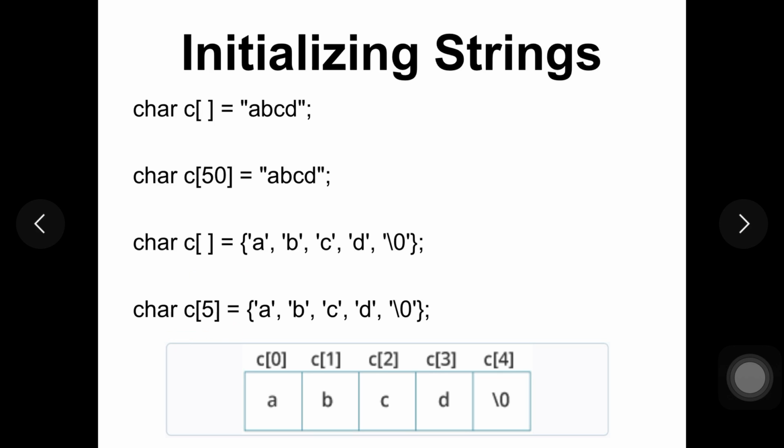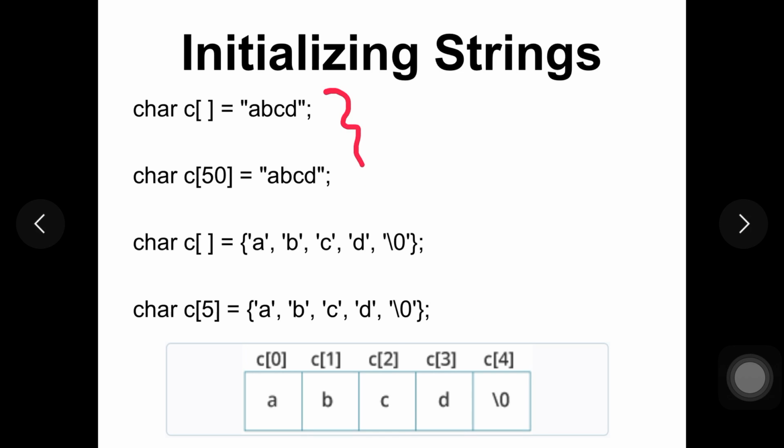Okay, so we'll see the third method here. Here we are specifying character by character to the string C. You can see we have specified character A, character B, character C and character D. Now you can see the difference between the first 2 methods and the last 2 methods.